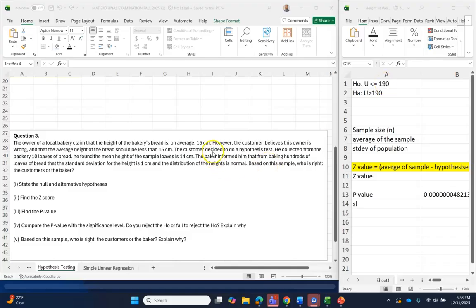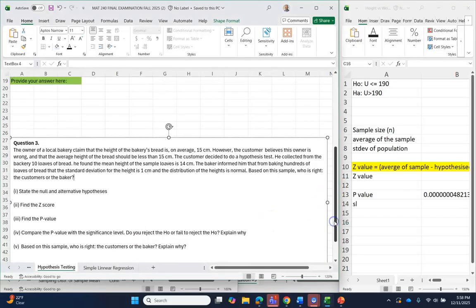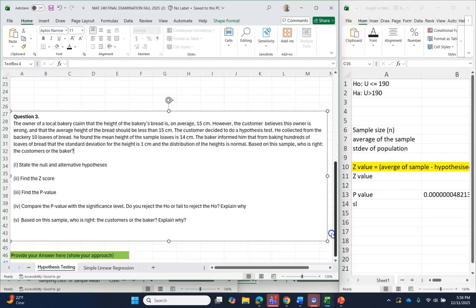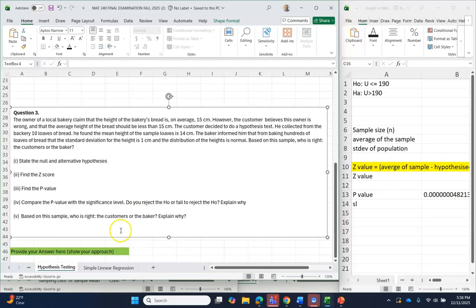So in this case, do you think the 14 centimeter is significantly less than 15? It should be less than 15, and it should be significant. And you can prove this by using the p-value. So you can follow my example and work on this question. As you can see, it should not take too long for you to complete it.